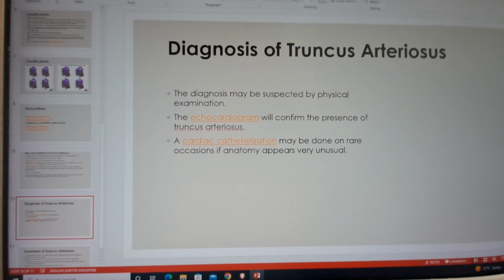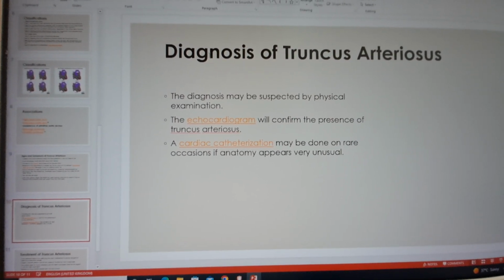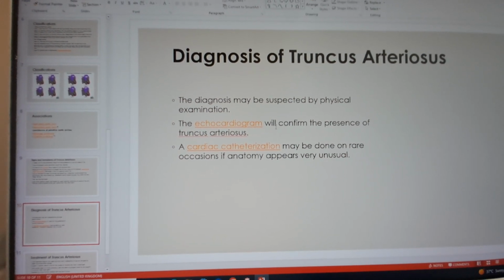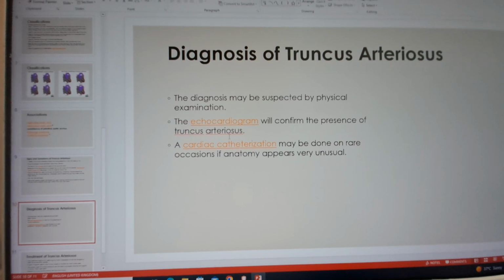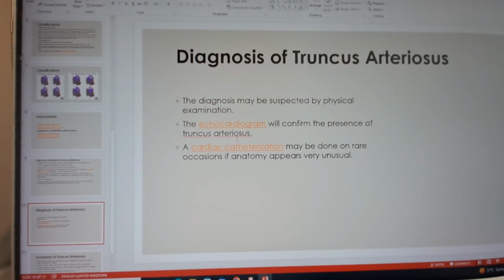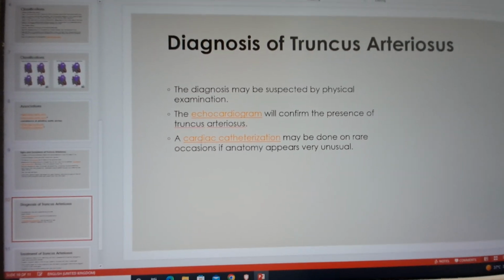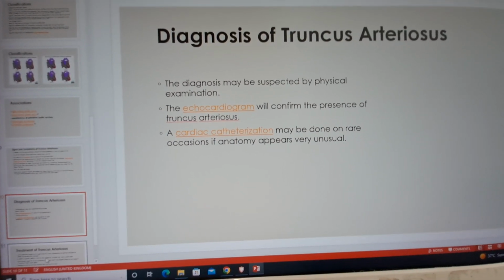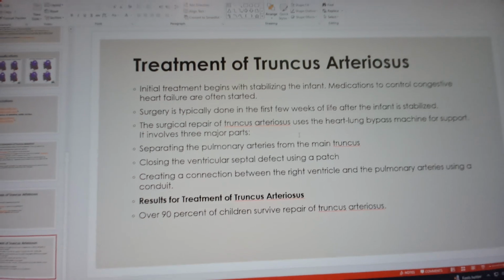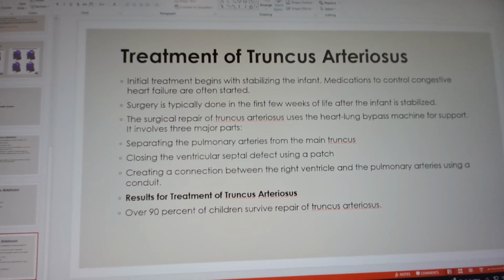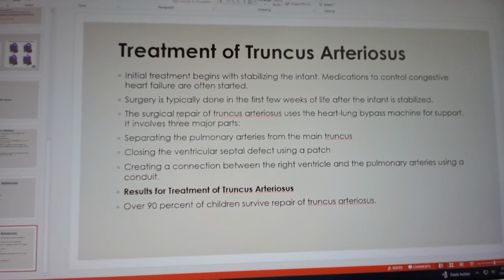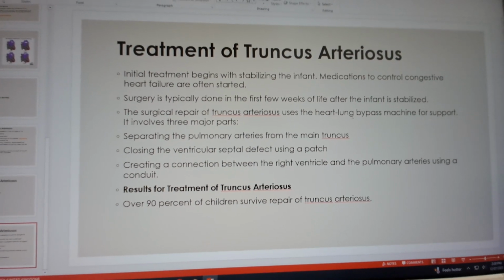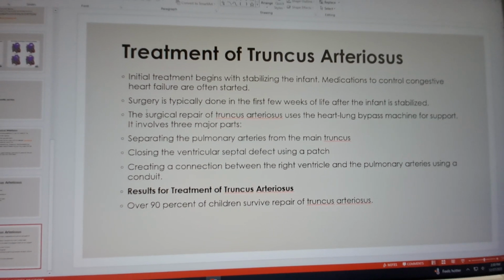Diagnosis is by fetal echocardiography while the baby is in the womb, and after birth echocardiography is done again. If needed, cardiac catheterization may be performed. The treatment is surgery, typically repair of this trunk, using a heart-lung bypass machine to support the baby.